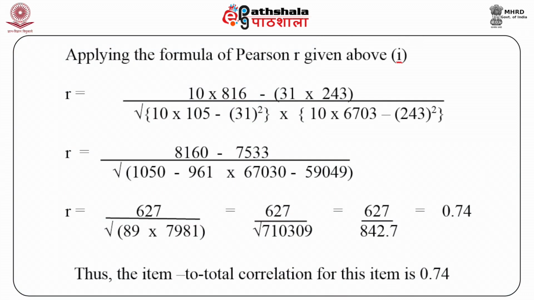Applying the formula of Pearson r that we have stated, by substituting these values we get r equals 10 multiplied by 816 minus 31 multiplied by 243, the whole divided by the square root of [10 multiplied by 105 minus 31 square], the whole multiplied by [10 multiplied by 6703 minus 243 square].